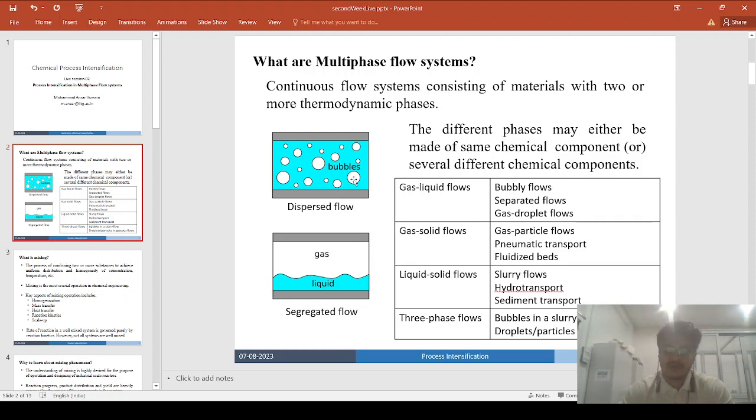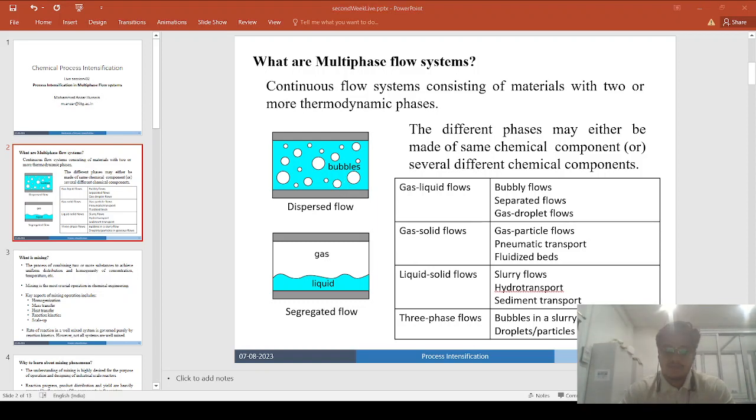It has a self-explanatory definition: the phase which is getting dispersed inside the carrier phase or continuous phase is called the dispersed phase.